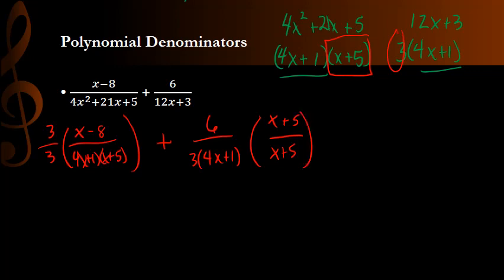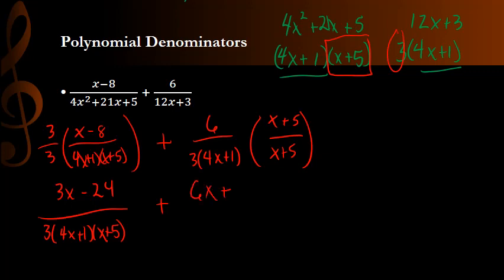Numerator times numerator: 3 times x is 3x, and 3 times negative 8 is negative 24, plus 6x plus 30, over 3 times 4x plus 1 times x plus 5.